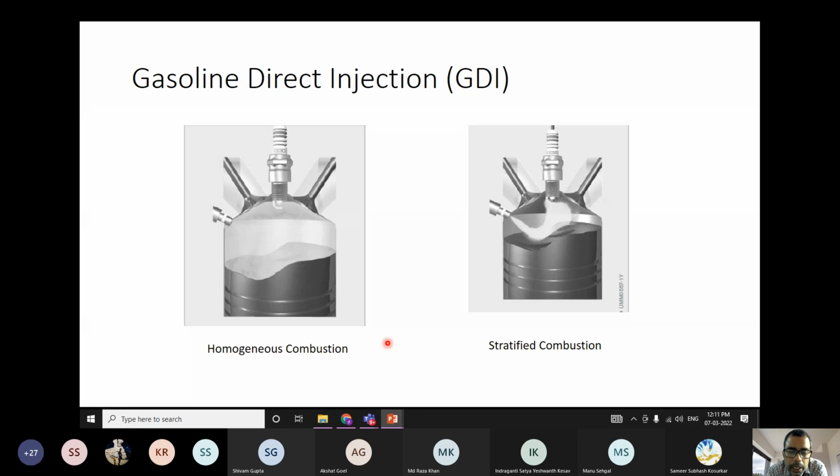Right now, in the market or in production, whatever GDI we have, mostly or probably all of them, we can make a statement, are running on the homogeneous combustion mode. Stratified combustion mode is still under the developing stage, or for demonstration purposes, and it has some limitations.